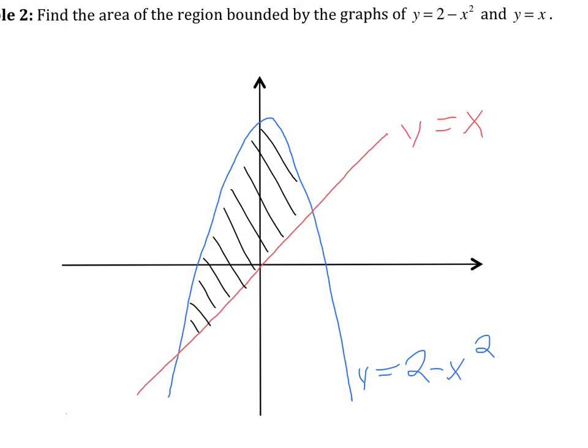And if we just look at the picture that we've created, it's a pretty easy fix, right? We just need to integrate from this point to this point. So all we need to do is find these x values right here, right? From A to B. And fortunately, that's as easy as finding where do these two curves intersect.